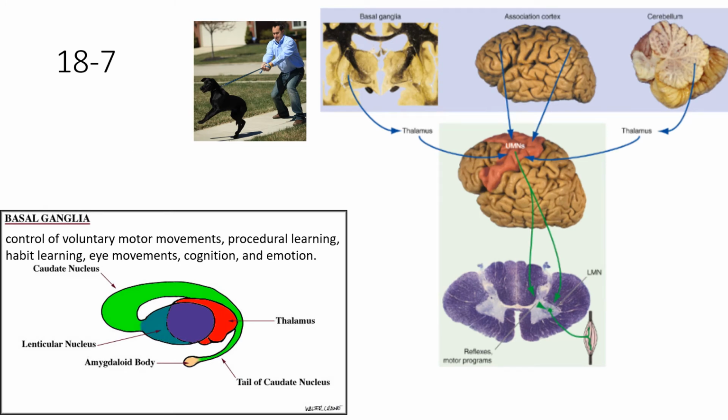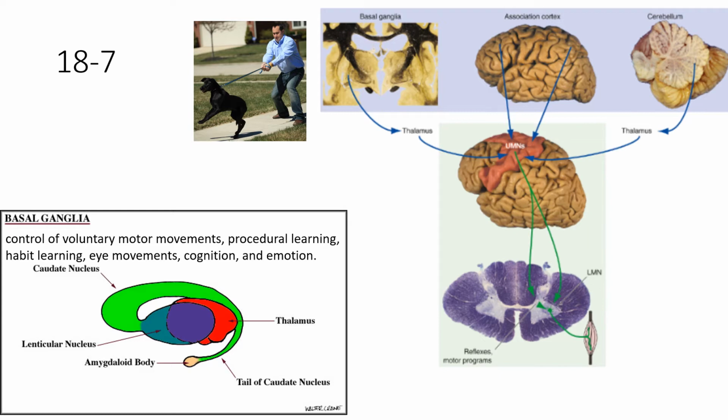This picture here is over on the right. You can see the association cortex in the middle of that picture. Off to the left, basal ganglia, basal nucleus. Off to the right, cerebellum. The basal ganglia control voluntary movements, procedural learning, habit learning, eye movement, cognition, and emotion. This is the ready-to-go state. We have this constant ready to go, ready to go, ready to go.